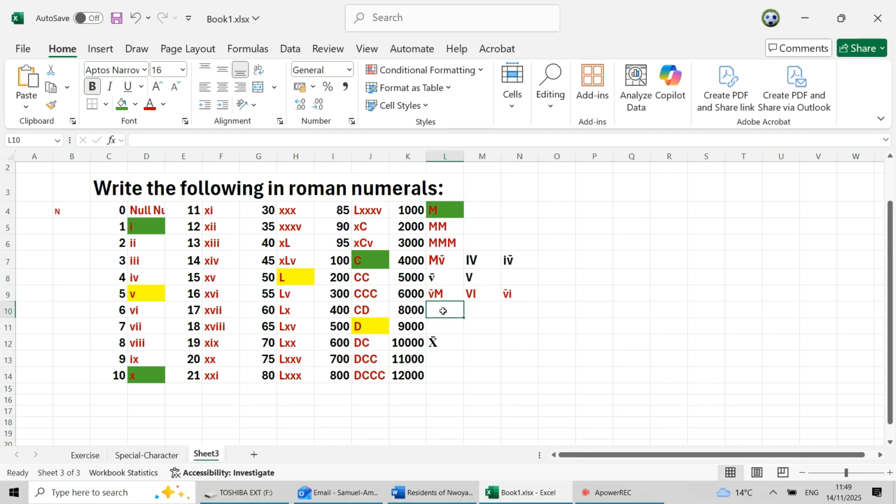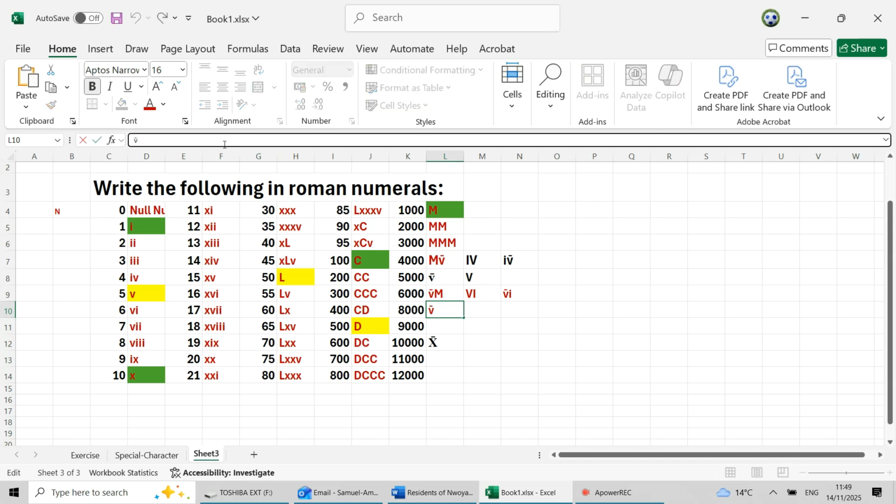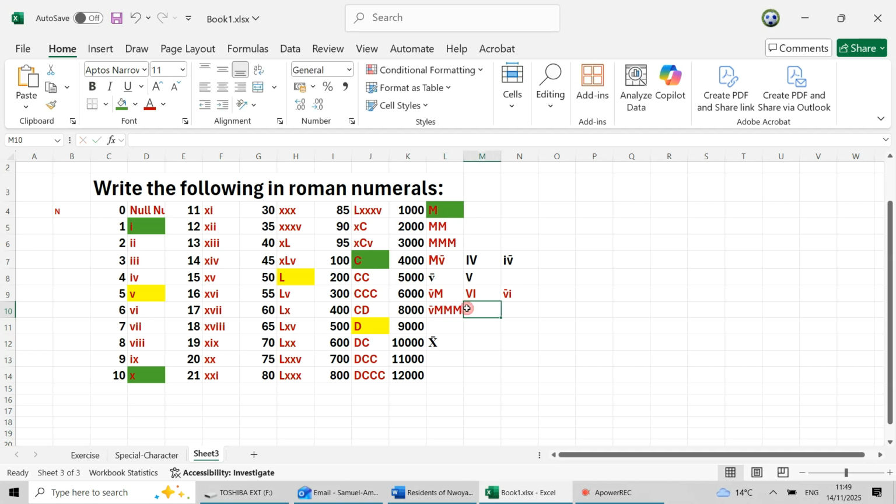So what about 8,000? We know that we have 5,000 there. What if we add 3,000 more? We get 8,000, because M can be repeated up to a maximum of 3 times. At the same time, you can write capital VIII for 8,000 as well.